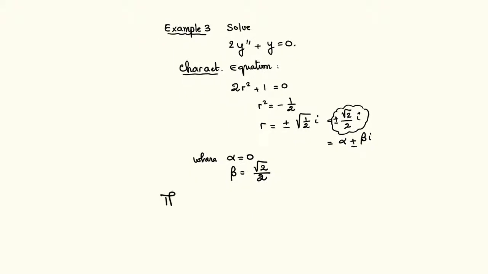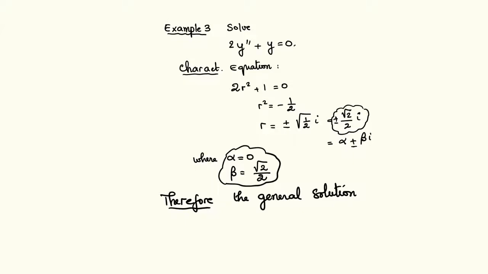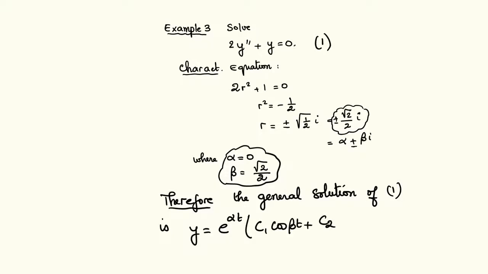Therefore, the general solution, so this result here is of course important. The general solution of our equation, let's call it number 1, is, remember, of the form e^(alpha t) times c1 cosine beta t plus c2 sine beta t.